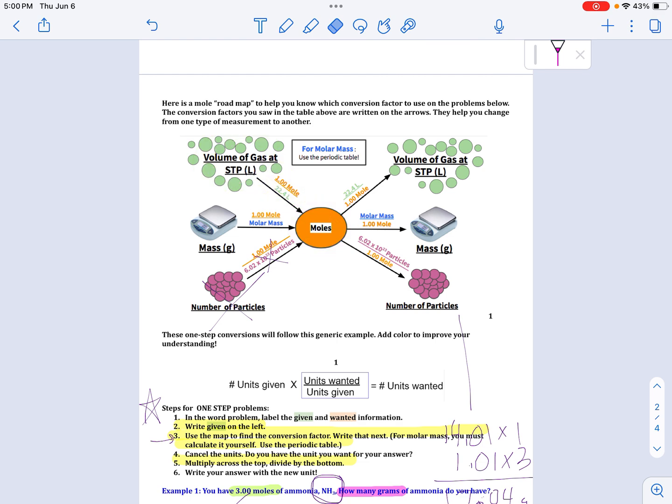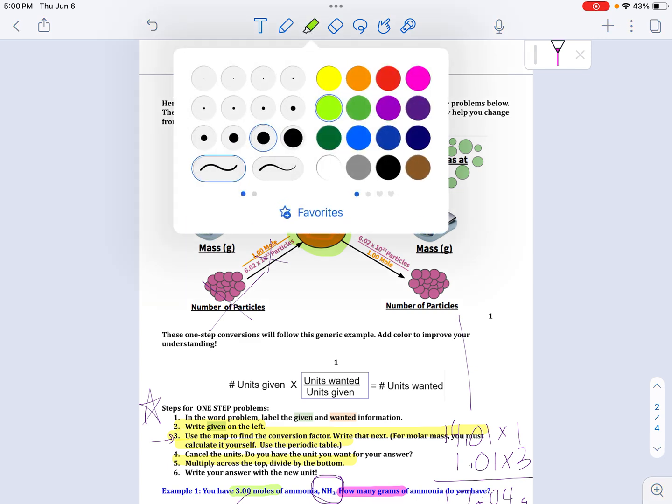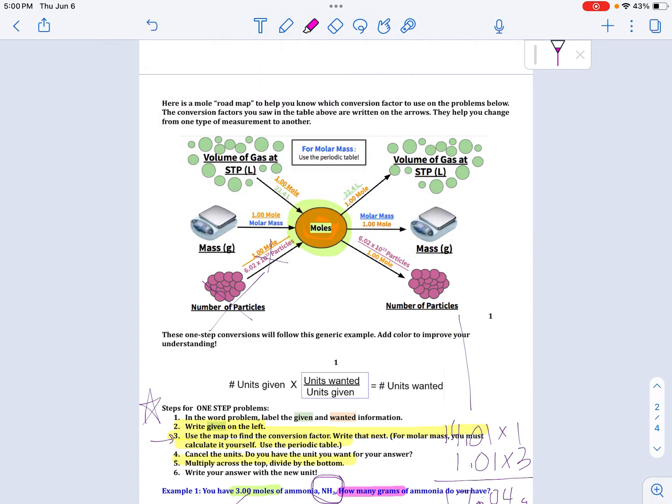So this time, my given is, I'm going to use the green. Sorry about the time here. My given is moles, so that's where I'm starting. And my wanted, it said how many grams, so I'm trying to go to grams again this time. So to get from moles to grams, I see this arrow, and there's my fraction that I need.